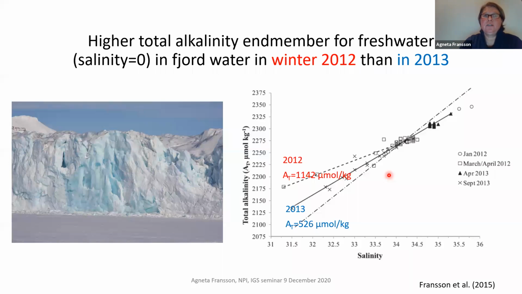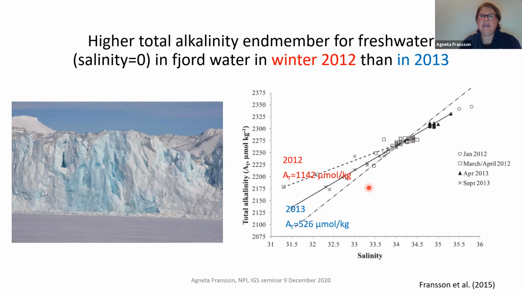When we analyzed the total alkalinity, we plotted alkalinity on the y-axis and salinity on the x-axis. With this ratio, at the intercept of 0, where we assumed fresh water, we had an intercept of 1142 micromole per kilogram in 2012, and that means it's not really only fresh water.